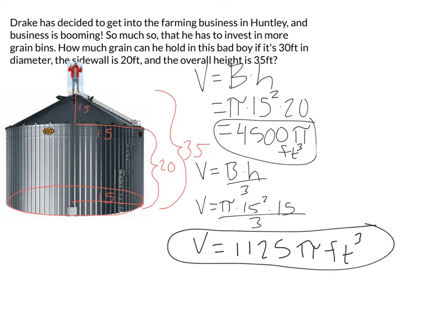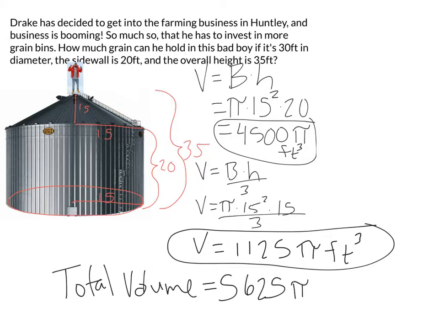Why don't I add these two together? If I take 1,125 pi plus 4,500 pi, I'm going to get total volume to equal 5,625 pi feet cubed. I think an approximation might be best.